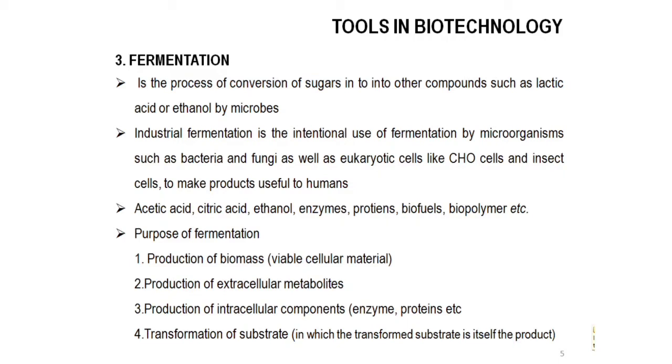In industrial biotechnology, industrial fermentation is the intentional use of fermentation by microorganisms such as bacteria and fungi, as well as eukaryotic cells and insect cells, to make products that will be used by human beings.